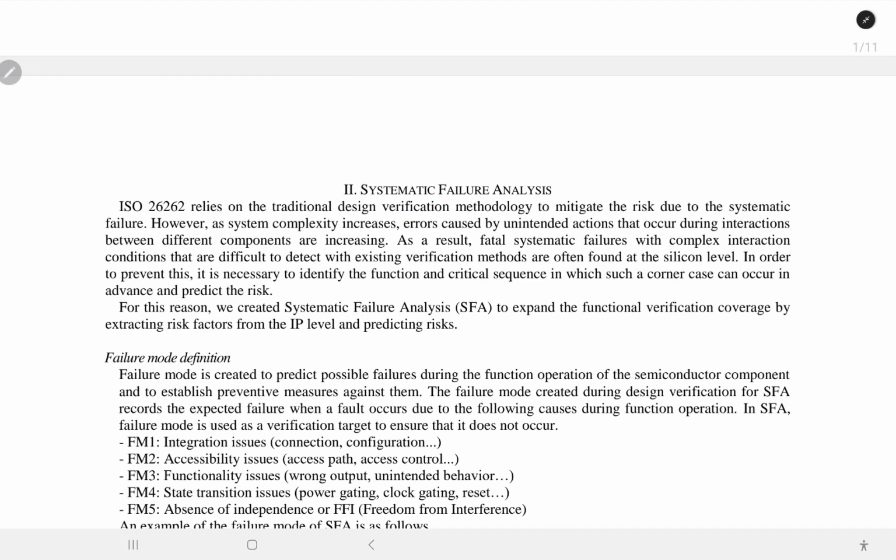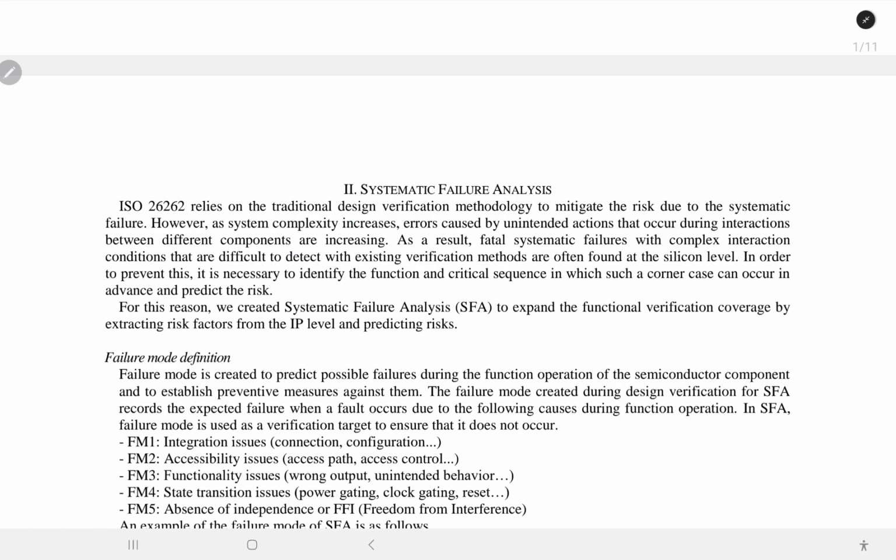Two, systematic failure analysis. ISO 26262 relies on the traditional design verification methodology to mitigate the risk due to systematic failure. However, as system complexity increases, errors caused by unintended actions that occur during interaction between different components are increasing.